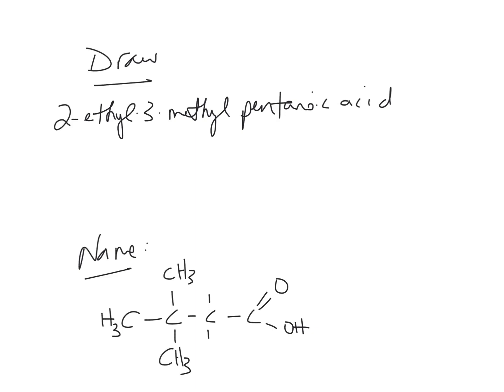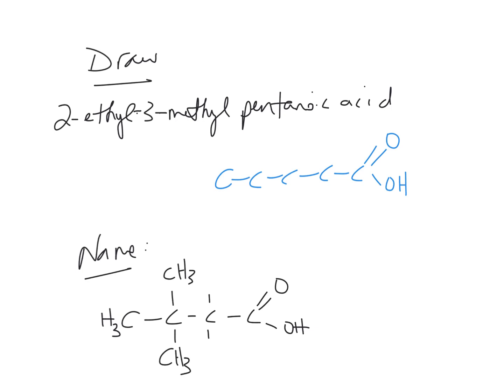So, a little bit of naming and drawing practice for carboxylic acids. We have first this one here. Draw a 2-ethyl 3-methyl pentanoic acid. By the way, these are dashes, even if my poor cheap stylus doesn't show it very well. We'd start with the pentanoic. That's 5 in a row with the terminal carboxyl group, of course.